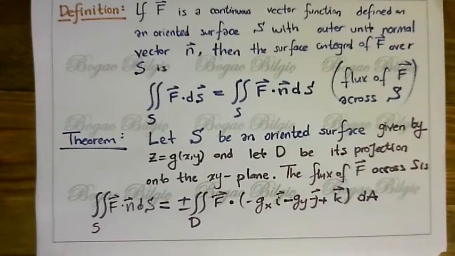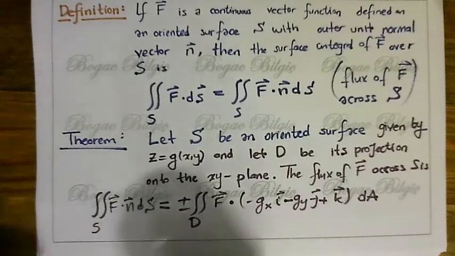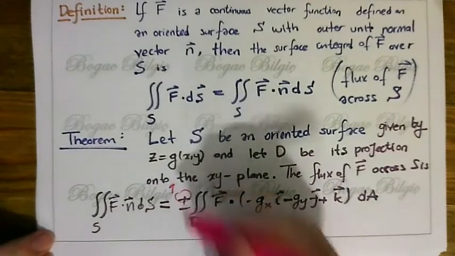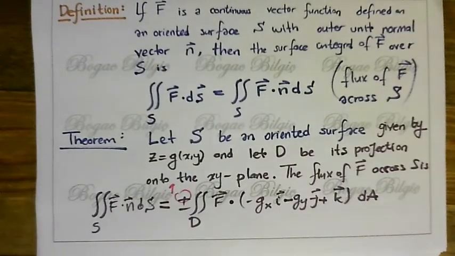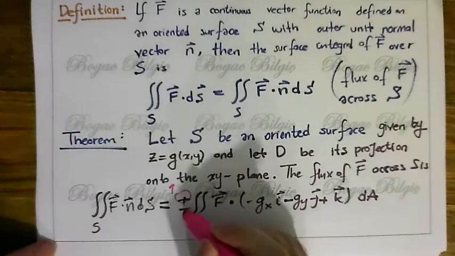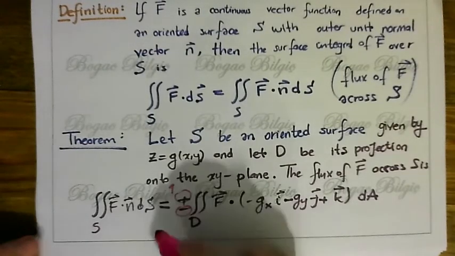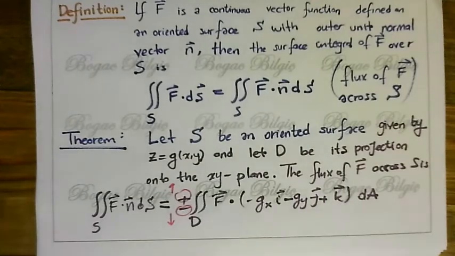For the sign plus, the surface is oriented upward, and for the sign minus, the surface is oriented downward.